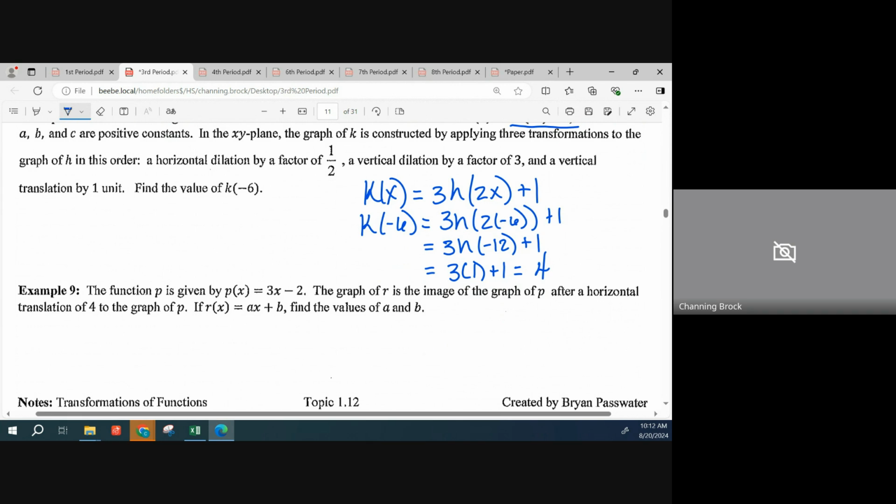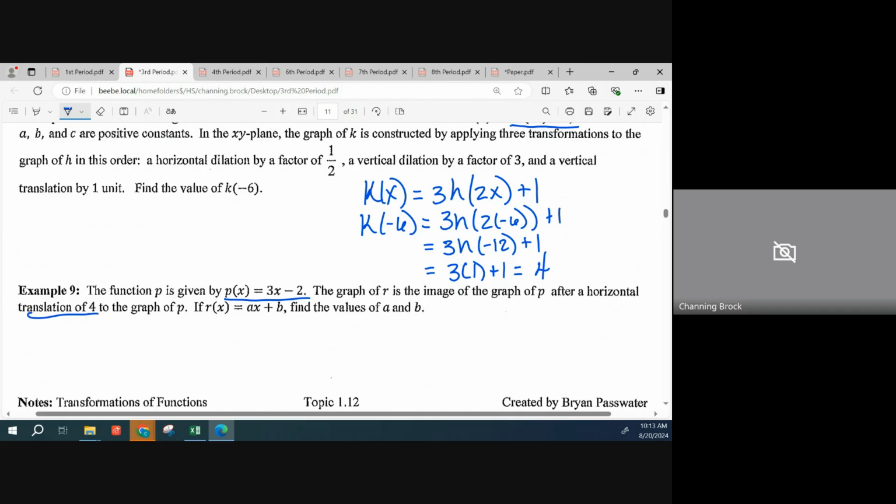Okay, so if it's a horizontal transformation, where is it going? It's to the left or right? And then what value gets affected? The x. Okay. So this is how you would do this. So I've got the equation of the function right here, and I want to transform it to the right 4, because it was a positive 4 here.